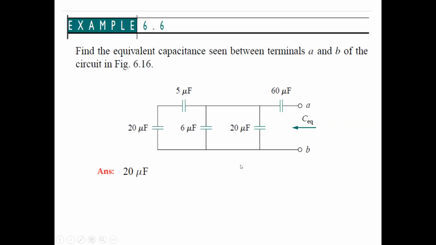Like in this example, you have to find the equivalent capacitance between terminals A and B. In chapter 2, you saw that instead of capacitors, there were resistors, and you were able to find the equivalent resistance.